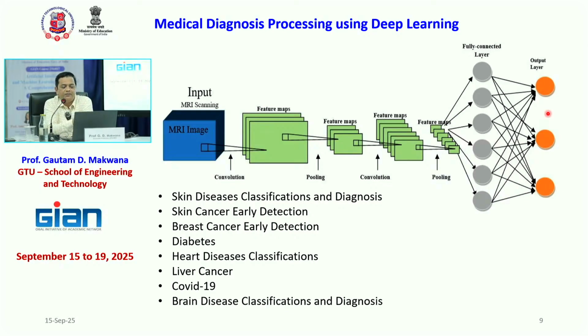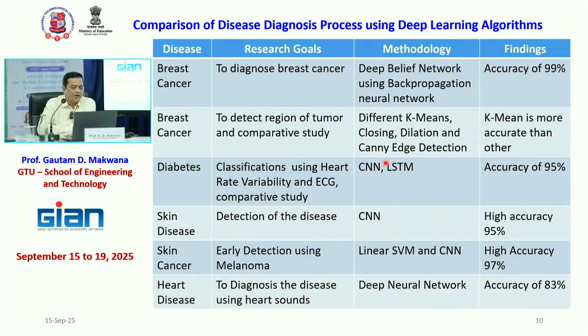In this case, as compared to machine learning, the application will be more specific for the early detection of the disease, and heart disease classification, liver cancer, COVID-19. These are some examples of medical diagnosis processing using deep learning. These are a few examples of the comparison of the disease diagnosis process using deep learning algorithms.